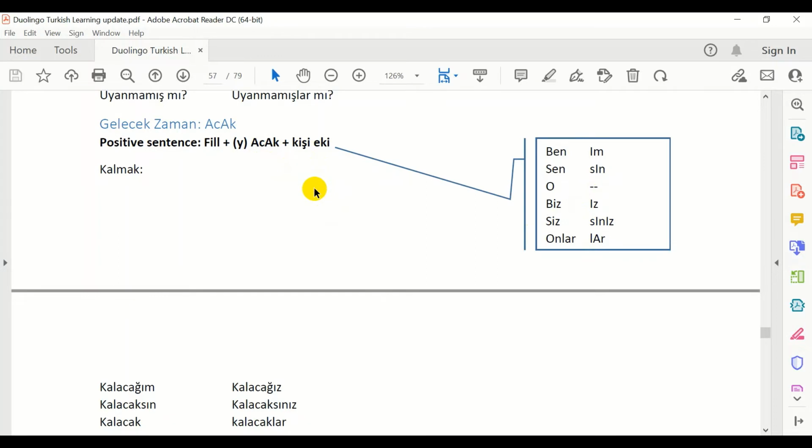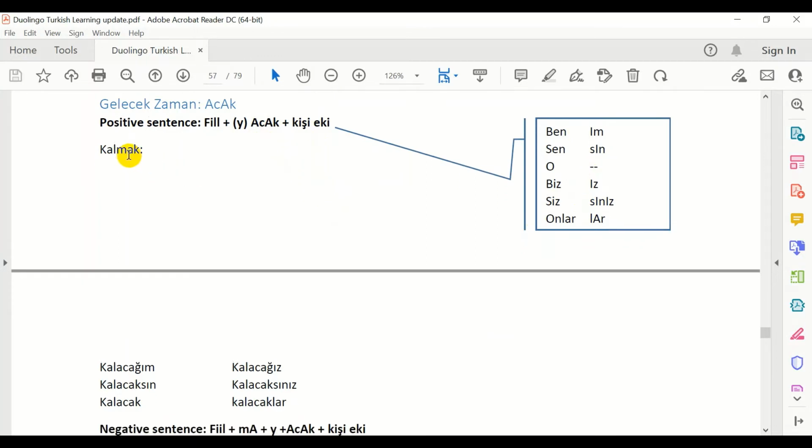Now let's see some examples. Kalmak means to stay. Kalacağım, I will stay. See, first fiil: kal, then tense suffix AcAk, and then the personal suffix. You know why here the k has changed, because we already discussed all those rules.